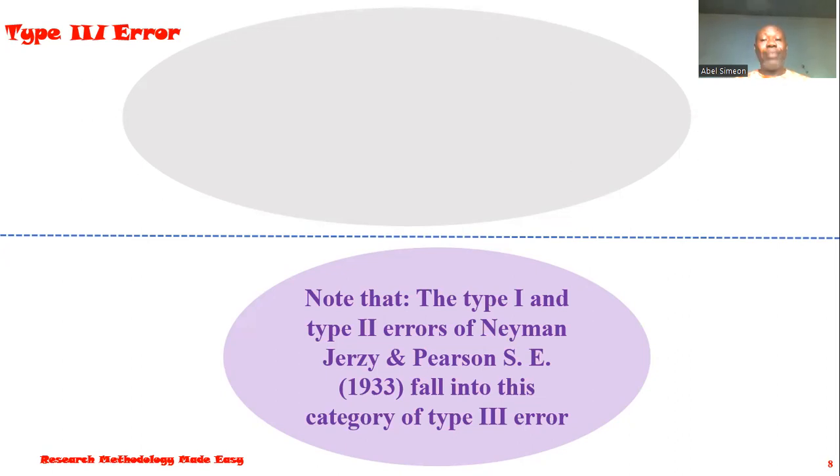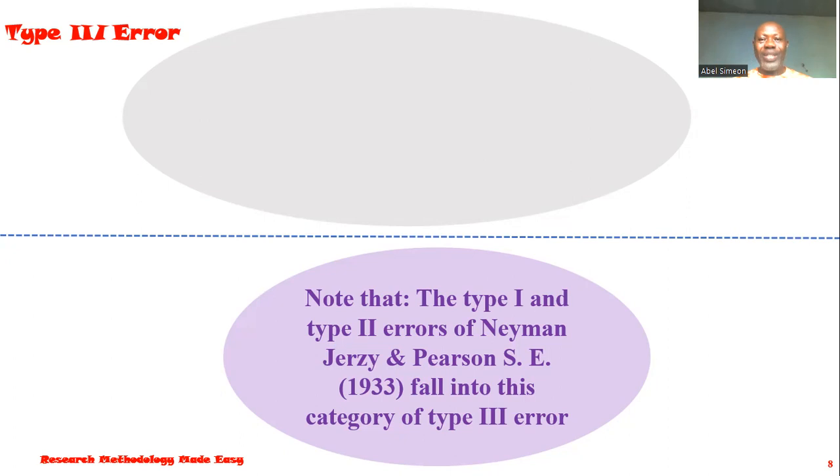So note that the type 1 and type 2 error of Neyman and Pearson of 1933 fall into this category of type 3 error generally. The errors I have just spoken about are objective errors. What Neyman and Pearson were talking about is null hypothesis error, and this study is not for null hypothesis error, it is for objective error.